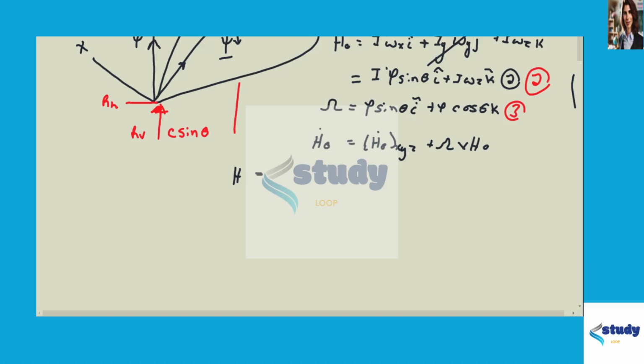And what we have is equals 0 plus phi sine theta i plus phi cosine theta k times I theta sine plus I z k.